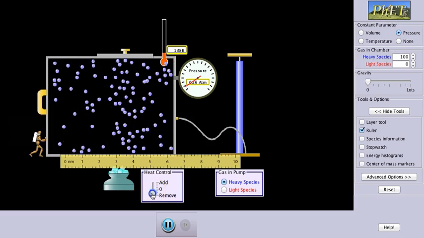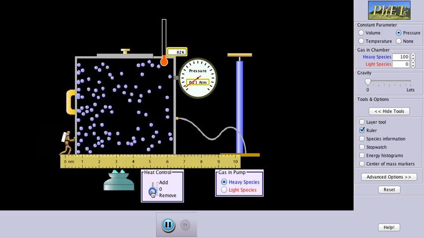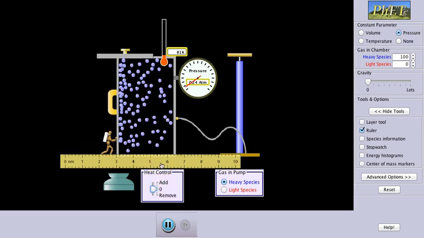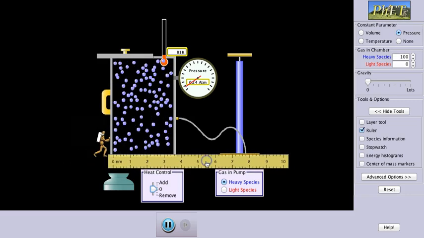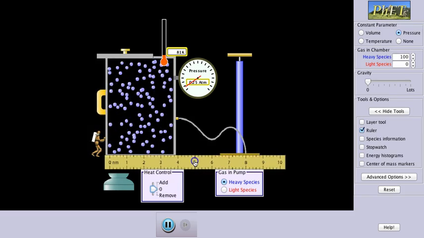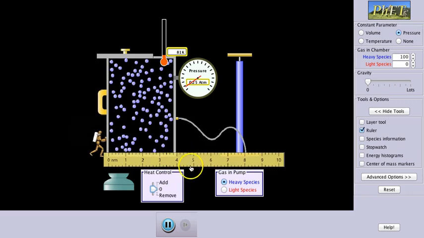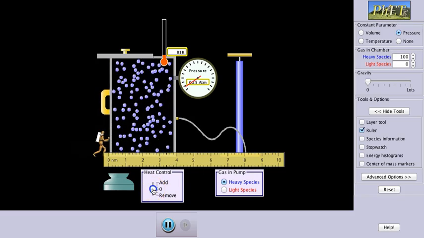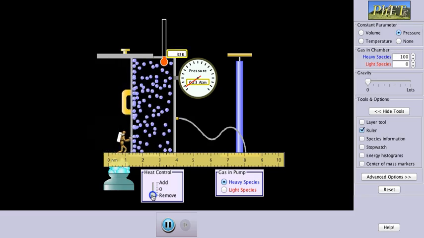Let's remove more heat. And get another data point. Let's take the simulation down as close to absolute zero as we can go. Note the change in motion.